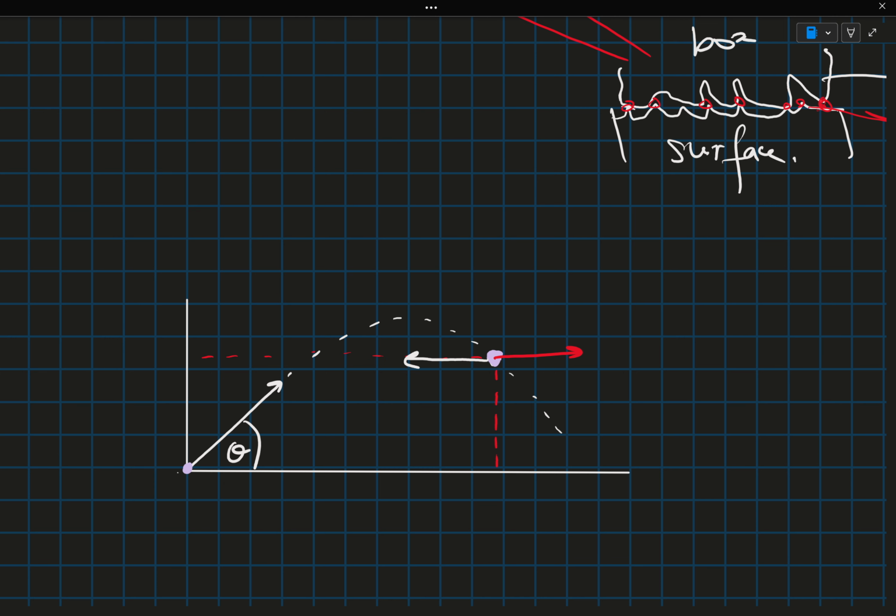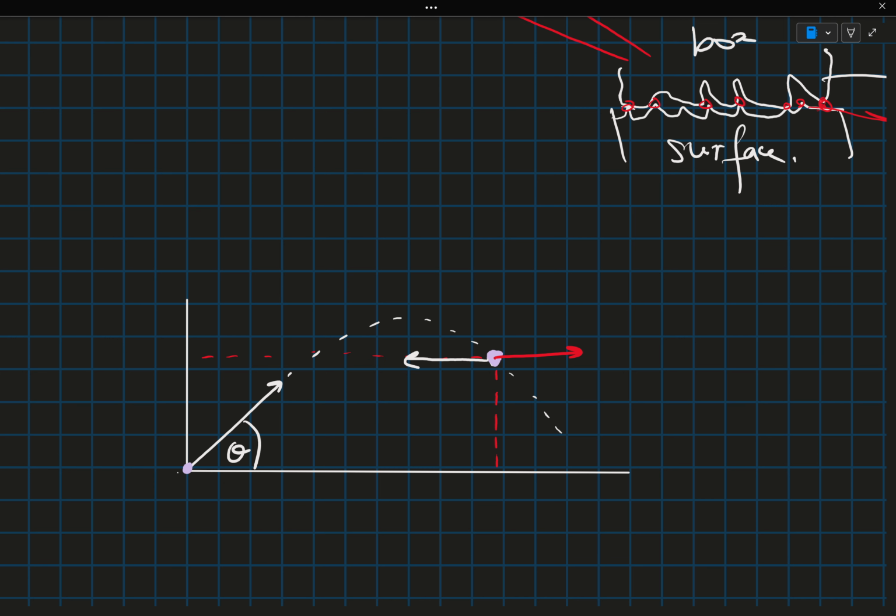So while it's moving, there will be some bombardment of small air particles. This bombardment all results in an opposite force that is due to air resistance.